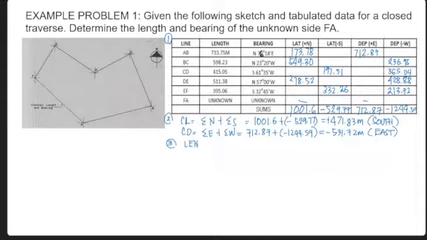For our length, this is the square root of CD squared plus CL squared, or 471.83 squared plus 531.72 squared.